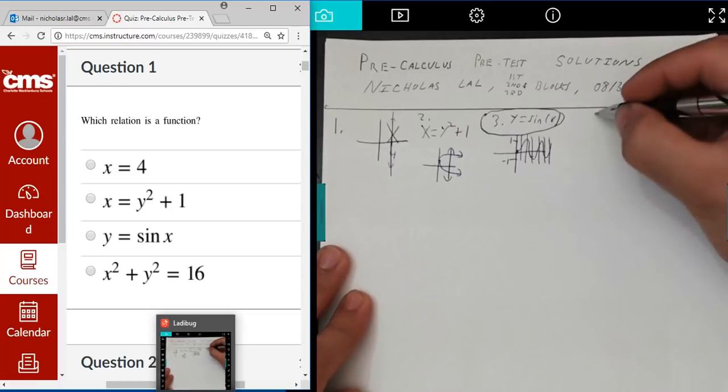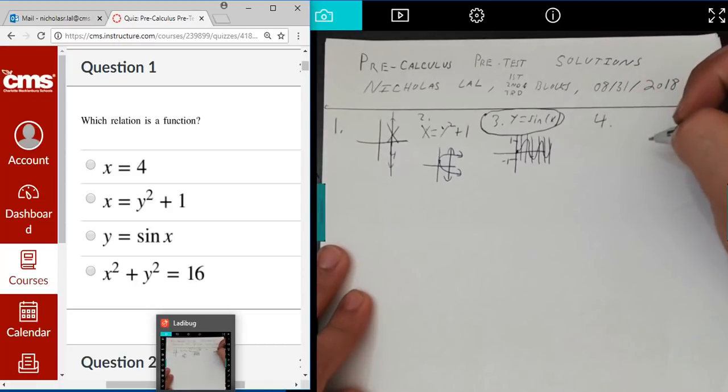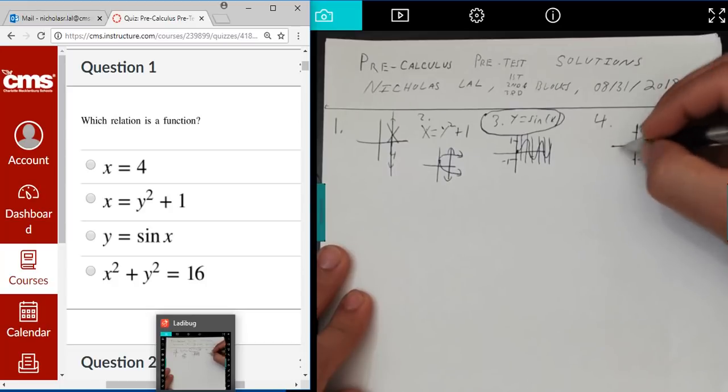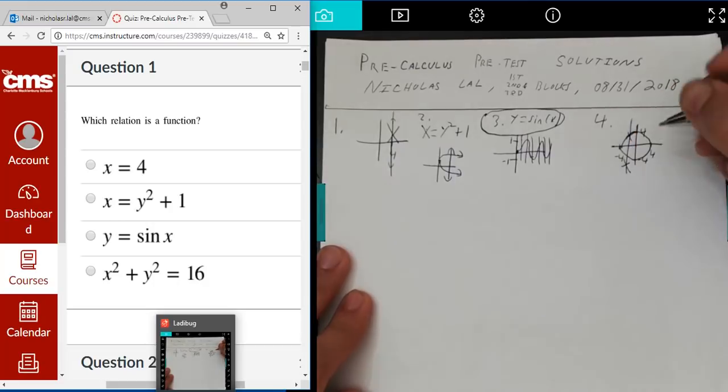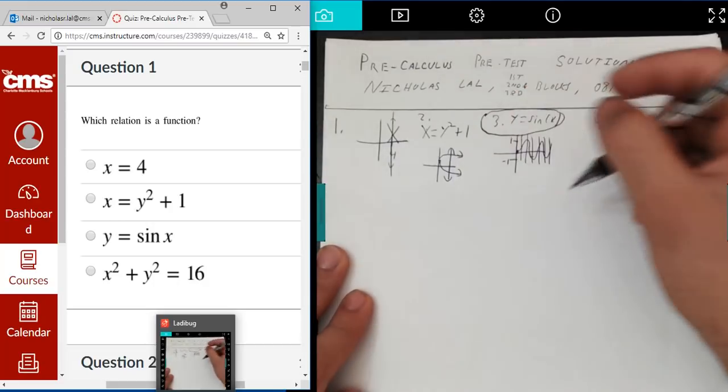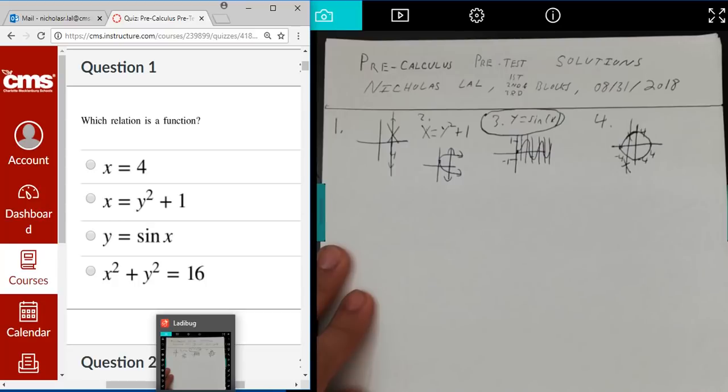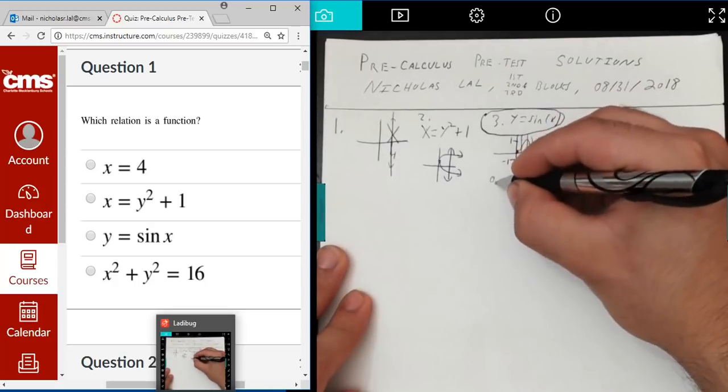But just to be safe, we're looking at x squared plus y squared equals 16. That's going to be a circle with a radius of 4, and so that fails the vertical line test. So all these failed the vertical line test except for number 3, the only one that passes.